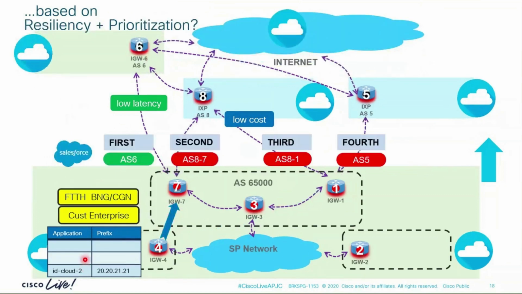Here is similar to the prioritization on the incoming or ingress, and we would like to have it on the egress, outgoing traffic policy. Again, for certain subscriber or customer prefix only, and very specific gateway.